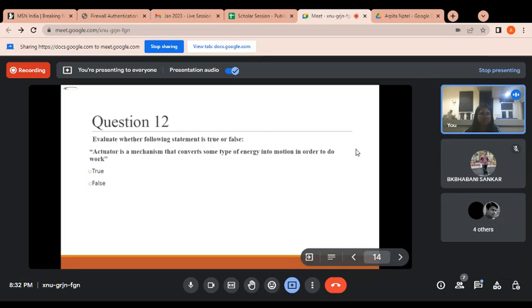Pritham, can you explain why true? Yes, in a sensor, we just sense one energy in the form of an electric signal, like in thermal sensing, we use a thermocouple or thermistor. But in an actuator, we have one extra job: it actuates a further reaction, like thermostatic plates that sense temperature, but also have to transfer this energy to turn on or stop any other device. That is the kind of actuating reaction.